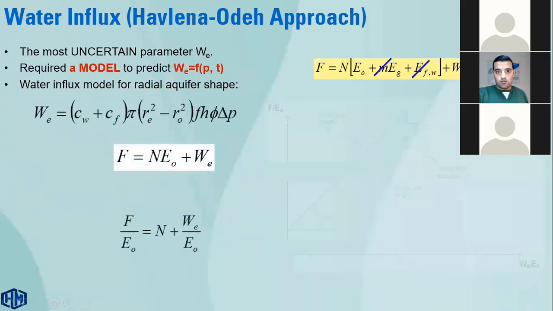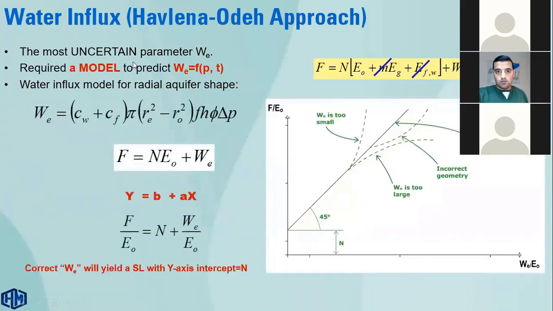Another example: if we have water influx, this is the general Havlena and Odeh material balance equation. M equals 0, we have no gas cap, and we neglect E sub F,W. So in this case, the most uncertain parameter is W sub E, or water influx. We have to use a water influx model to predict W sub E as a function of pressure and time.